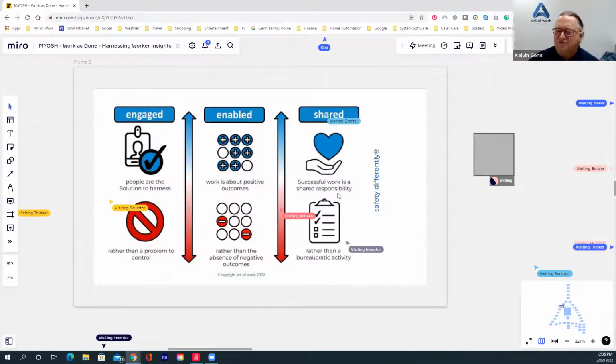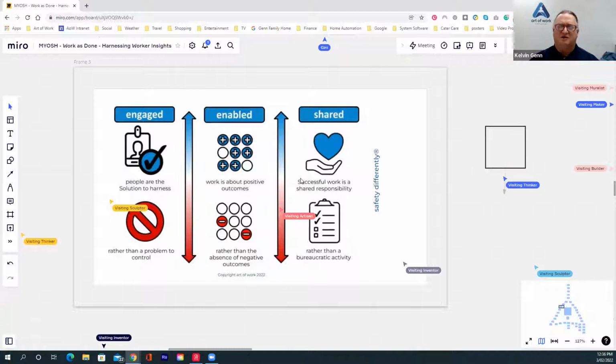And also this concept of shared responsibility. And this is a really important thing when we think about designing work methods, is there's a whole lot of people who have a contribution in this space.